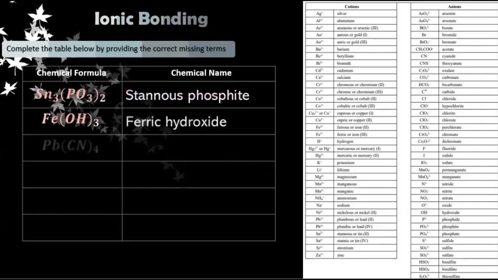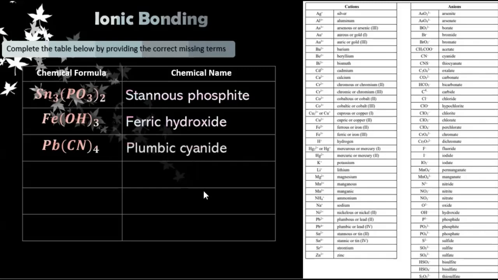Next example, Pb(CN)4. Pb can be either plumbous or plumbic. Take note, we have here the subscript 4, and that is the charge of the cation, which is plumbic. So plumbic, CN is cyanide.